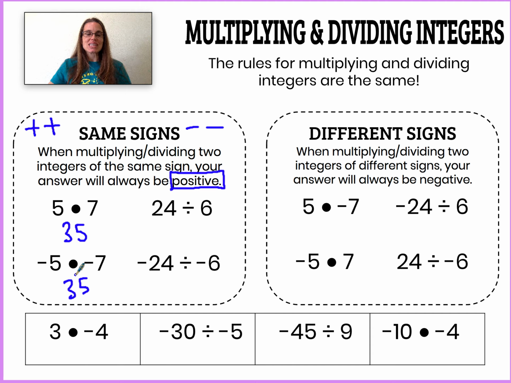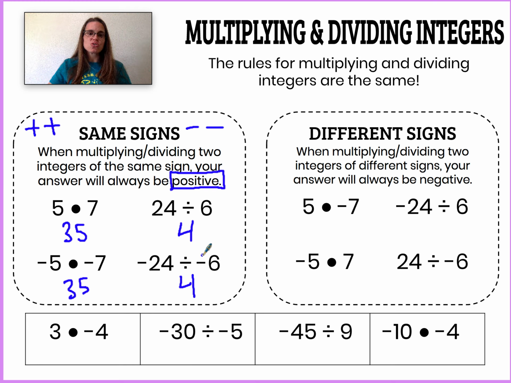The rule is the same when dividing. So positive 24 divided by positive 6, it's still 4. And since the original two numbers had the same sign, they were both positive, my final answer is positive. Also, negative 24 divided by negative 6 is also positive 4. That's because 24 divided by 6 is always 4.